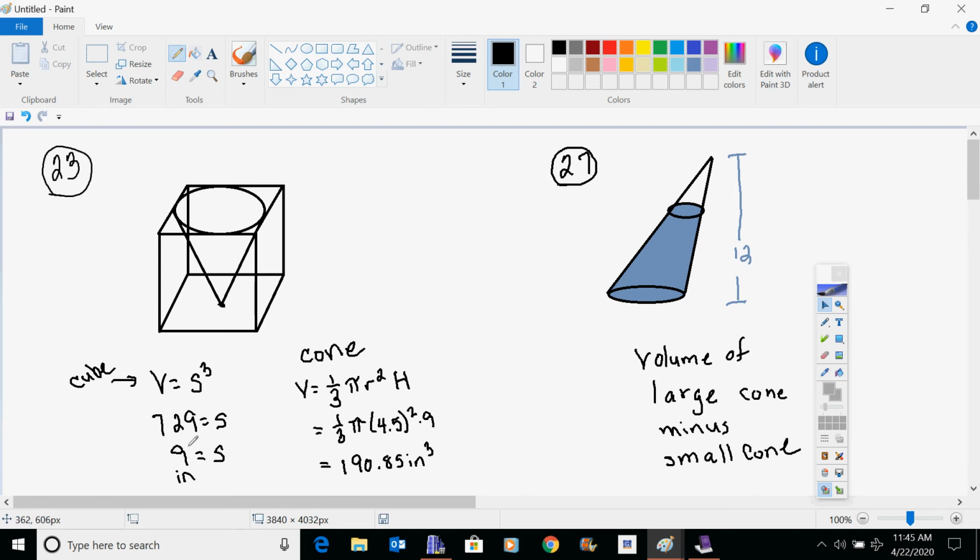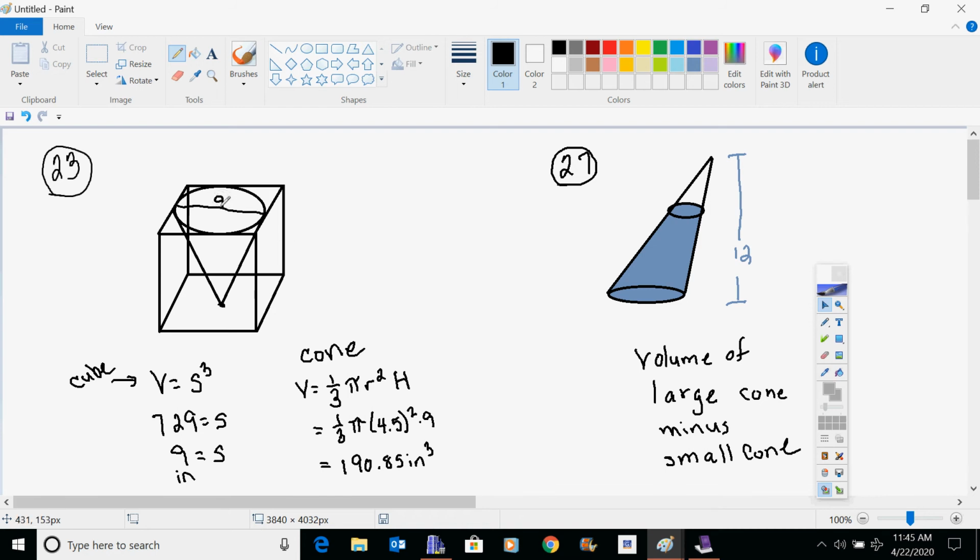When we find out that each side is 9, that's going to give us some information for our cone. Our volume formula for a cone is 1/3 pi r squared h, just like we knew from the last problem. The length across the top of this cone is the same as the length of one of the sides.